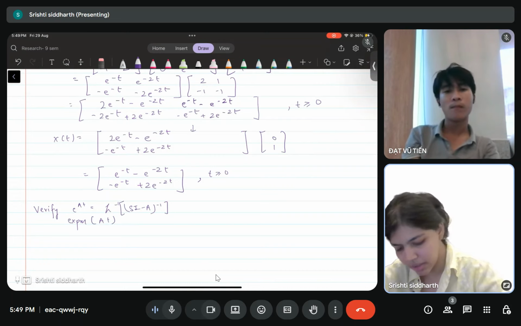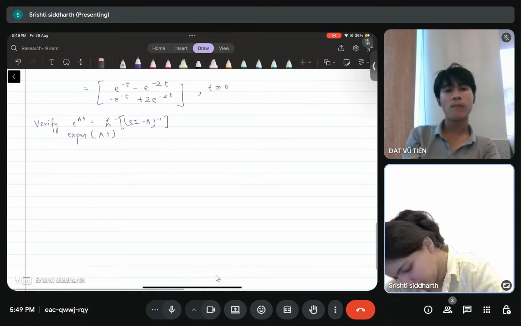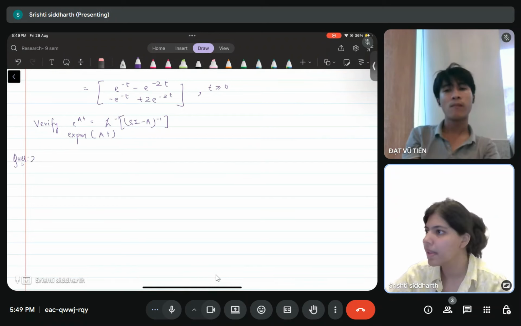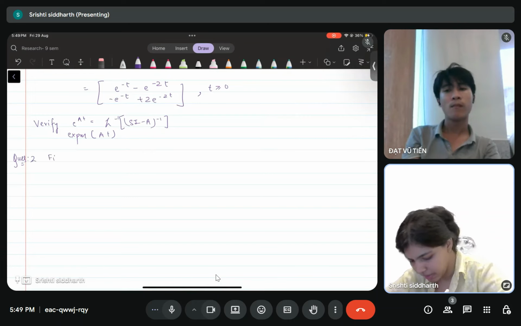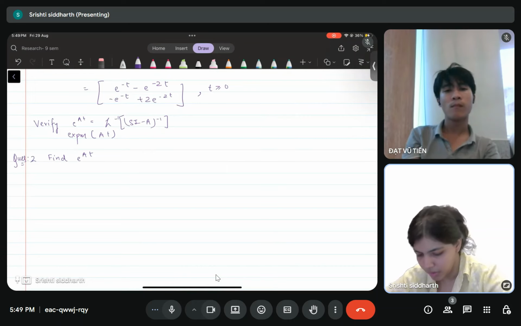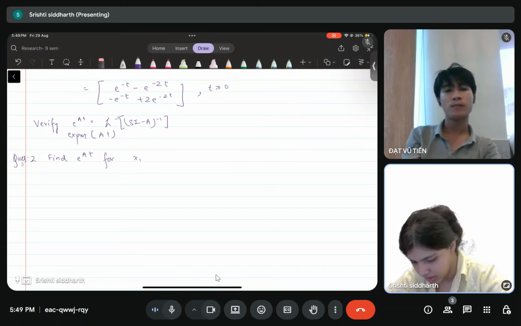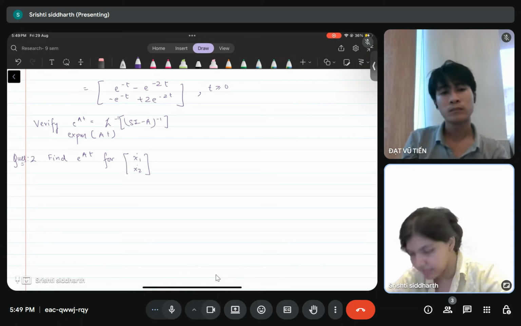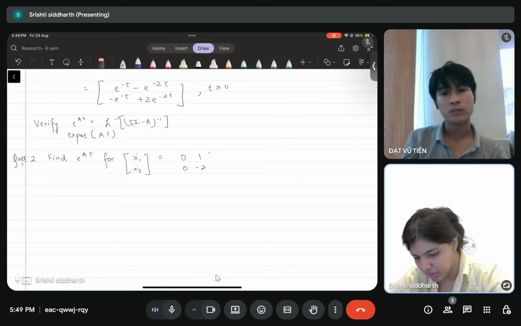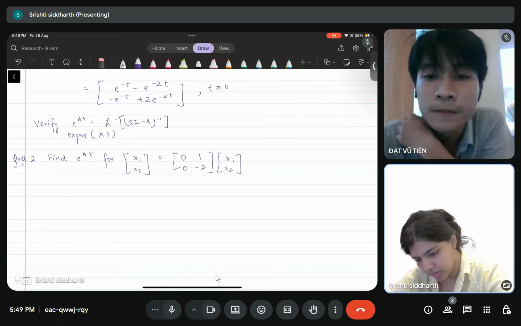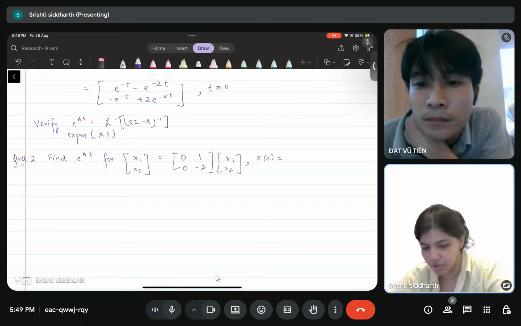Alright, so let's look at another question. Find e to the power At for x dot equals [0, 1; 0, -2] x, with x1, x2 for these initial conditions.